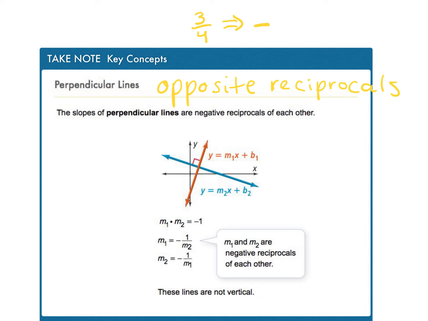So 3/4, when you flip it, it becomes 4/3. So opposite means you change the sign, and reciprocal means that you flip it. So this is when you have perpendicular lines.